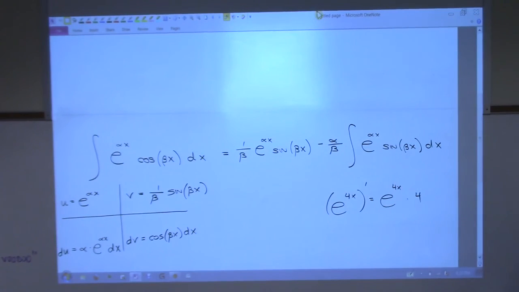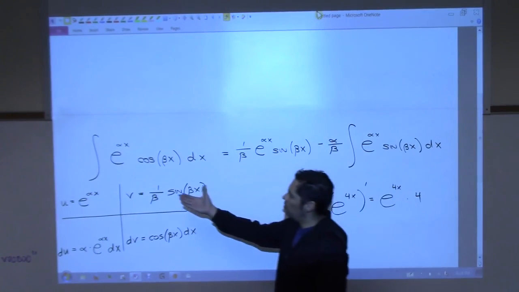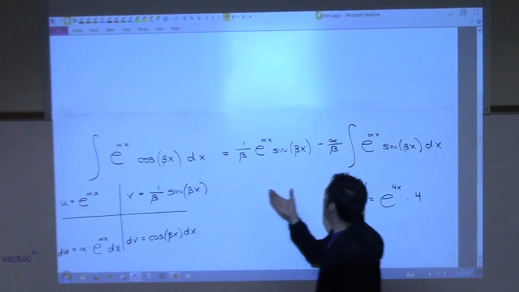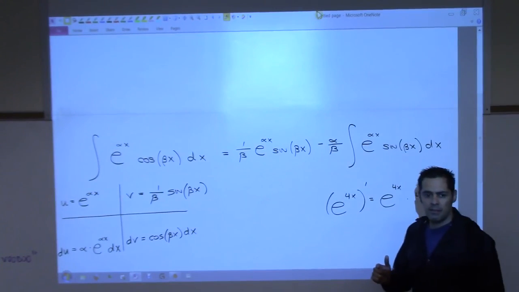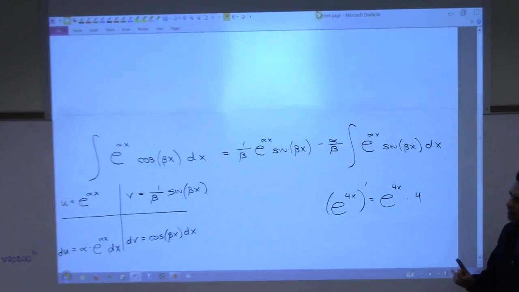All right. All of that, and we really didn't gain anything, did we? We started with an integral that we couldn't do, and we ended with an integral we couldn't do. But I told you to trust me here, that it's going to work. You're going to need to apply integration by parts again. Let's do it again, and then you're going to see the magic.